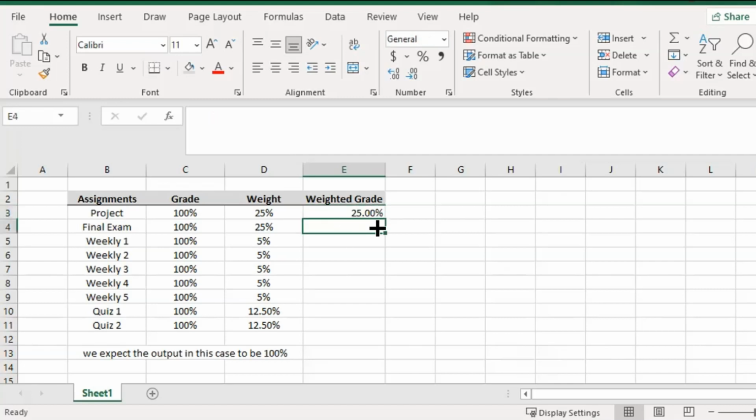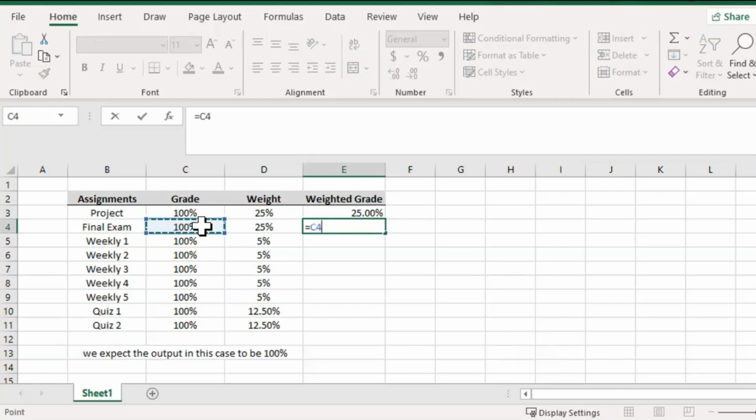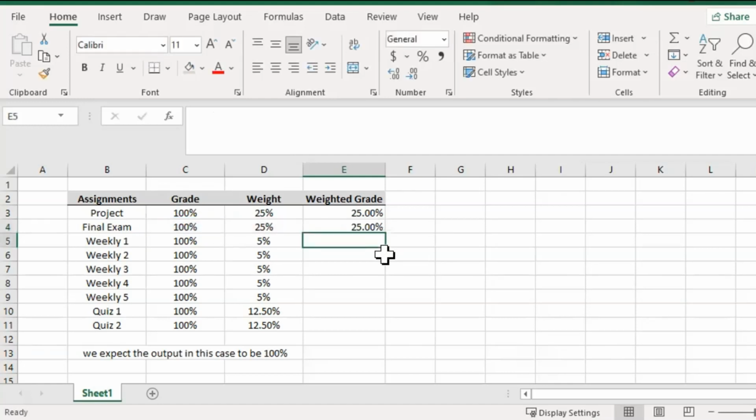Okay. And so I'm going to do this very same thing here for my final exam. So my final exam is 100% because I am a superstar. And I'm going to multiply that by the weight, which is 25%. And lo and behold, my weighted grade is 25% once again.